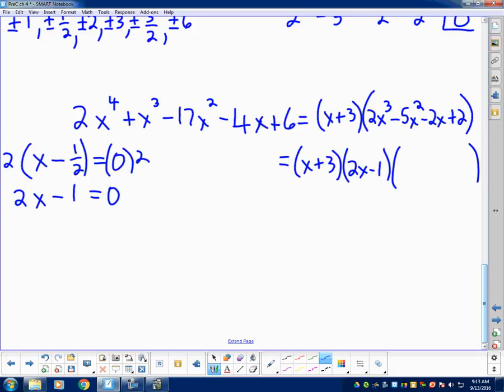I'm in the middle here. So we have 2x minus 1 is a factor. Another way to write it is x minus 1/2. When I do synthetic division, I've got to do it with 1/2. But I'm going to need to do synthetic division anyway, right? Because I need to know what this quadratic is that's left over. So I'm going to do 1/2, but I'm going to do synthetic division with just this cubic that I'm circling. So you might want to make note of that.